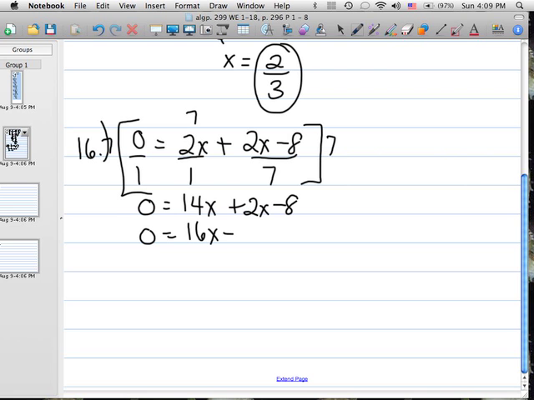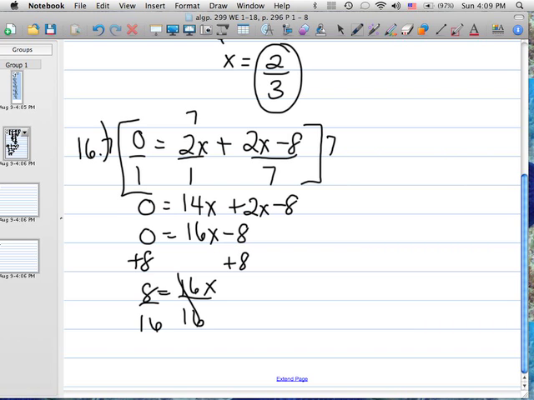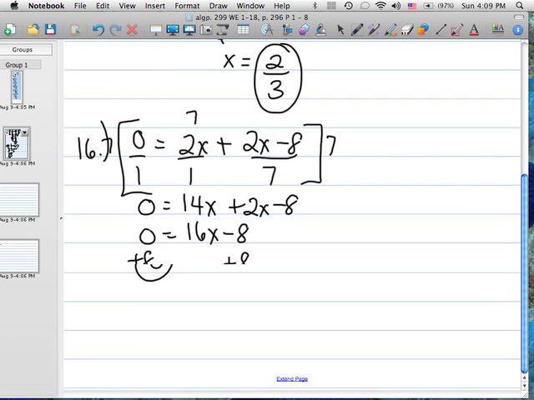Collecting like terms, I get 16x minus 8. Solving for x, I add 8 to both sides. I get 8 equals 16x. Divide by 16. And 1/2 equals x.